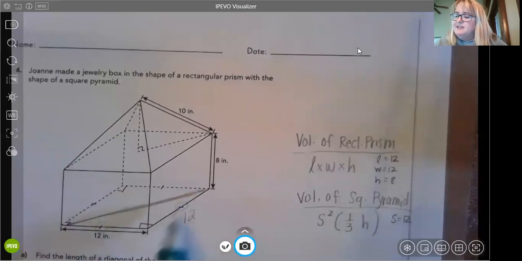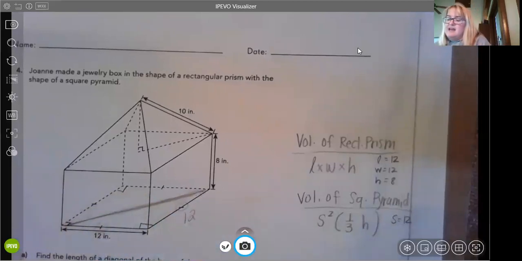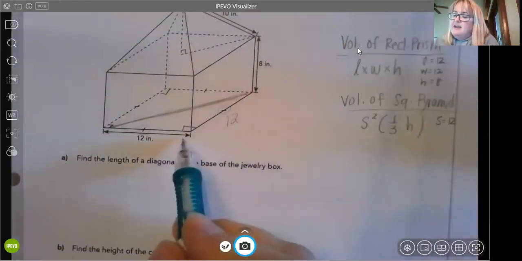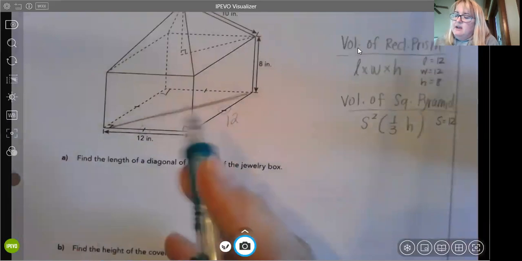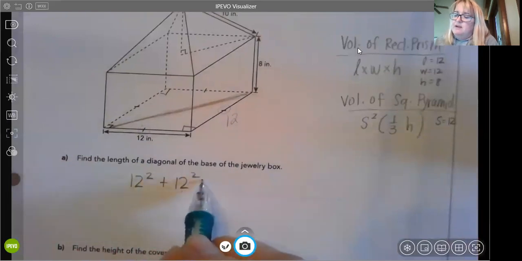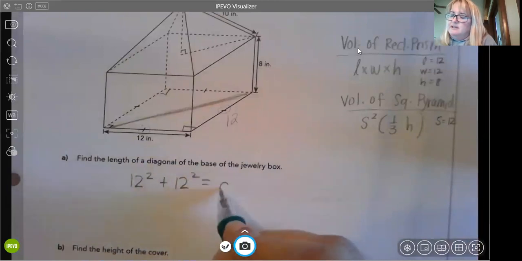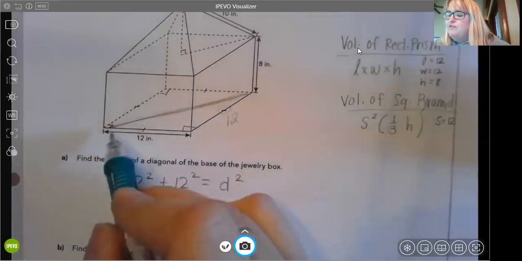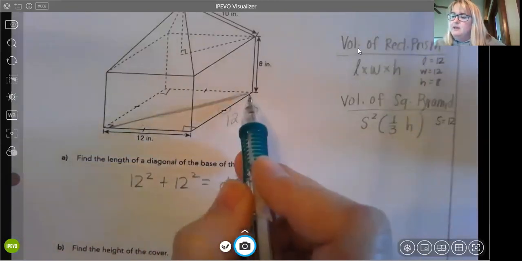Since this makes a right triangle, I can figure this out because I have the two legs, but I need the hypotenuse. So part A asks for the length of the diagonal. This is a leg, this is a leg, this is an unknown. So it's going to be 12 squared plus 12 squared equals the diagonal, whatever that is, squared. You're going to use that to figure out how far this is.